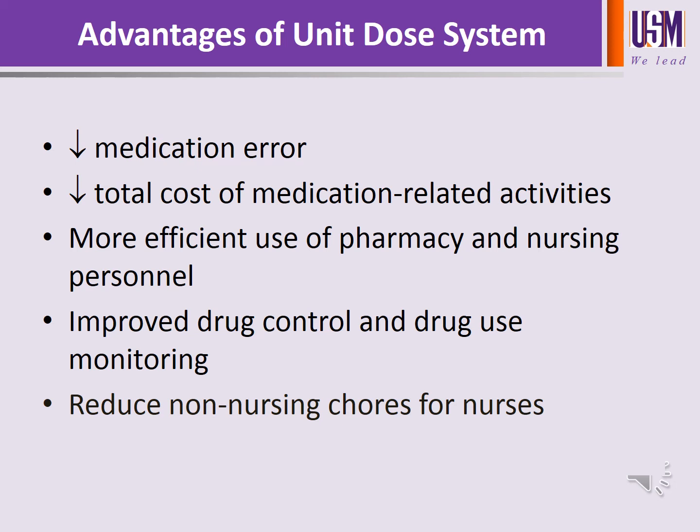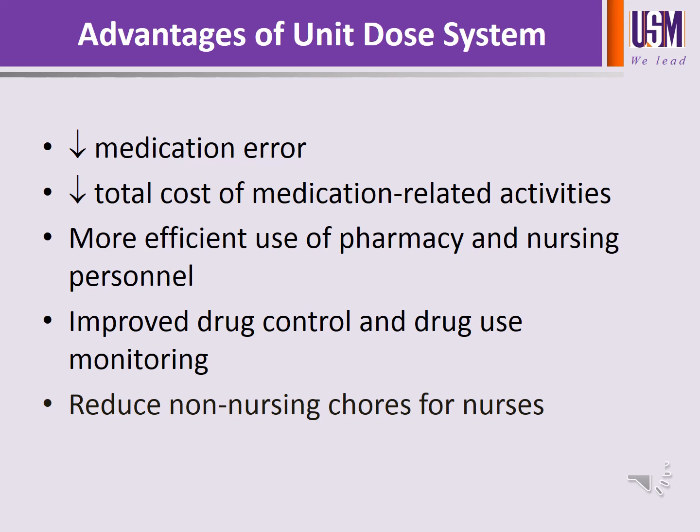There will be more accurate patient billing for medicines, for example for the private hospitals, and minimization of credit for drugs. This also applies to the private hospitals. There will be improved or greater control by pharmacists over work pattern and also scheduling. There is also improved drug control and drug use monitoring by the pharmacy side when we use the unidose system.